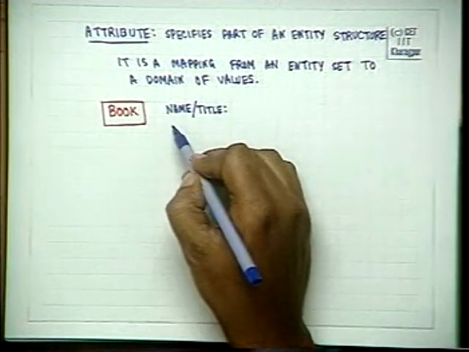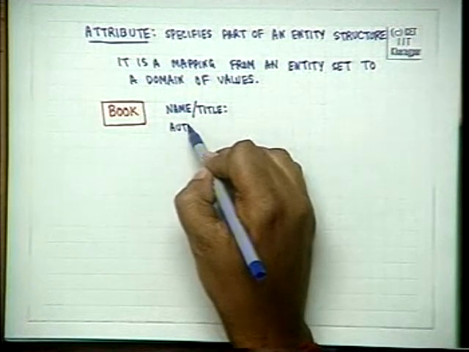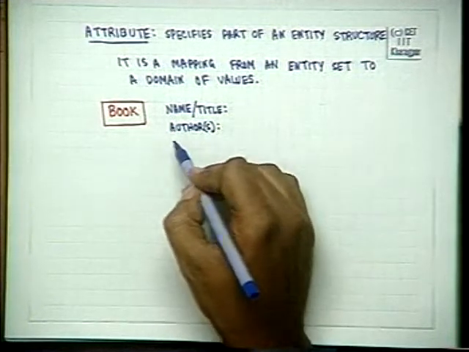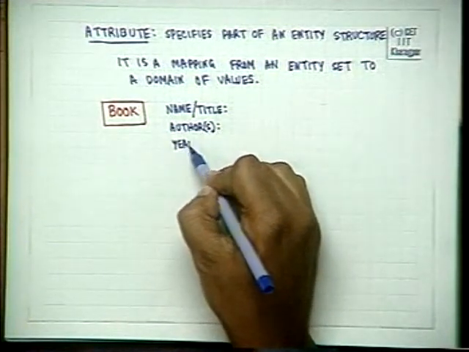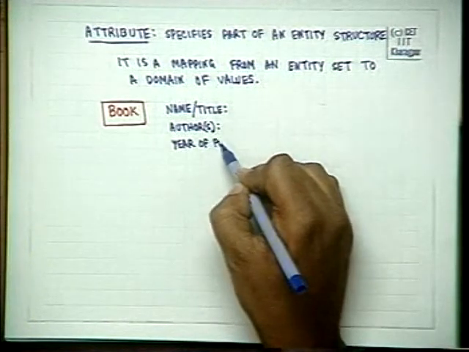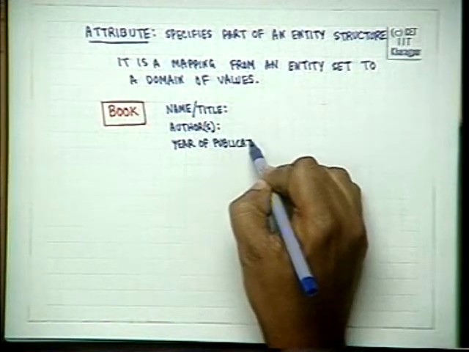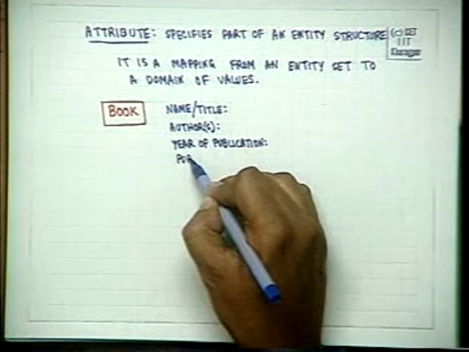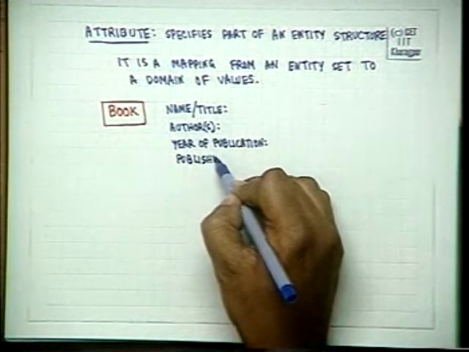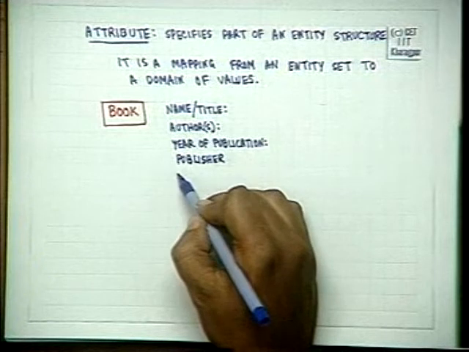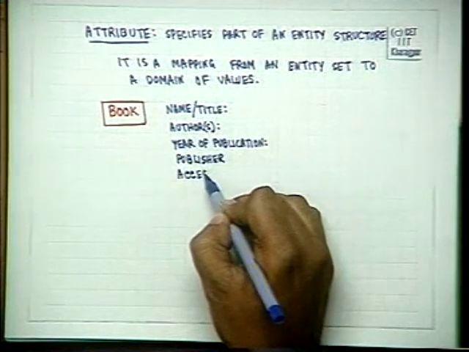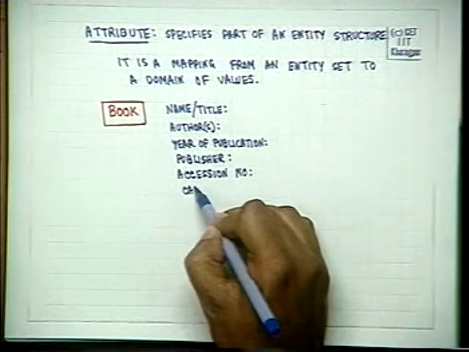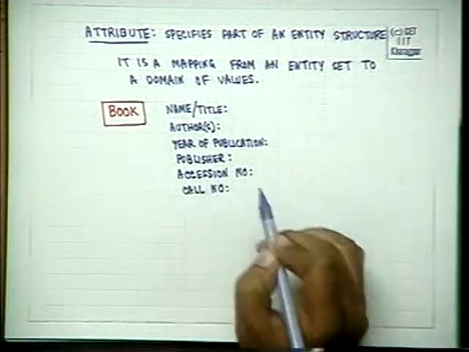The second attribute which we will have is author. The third attribute is year of publication. The fourth attribute we can have is publisher, accession number, call number, etc.